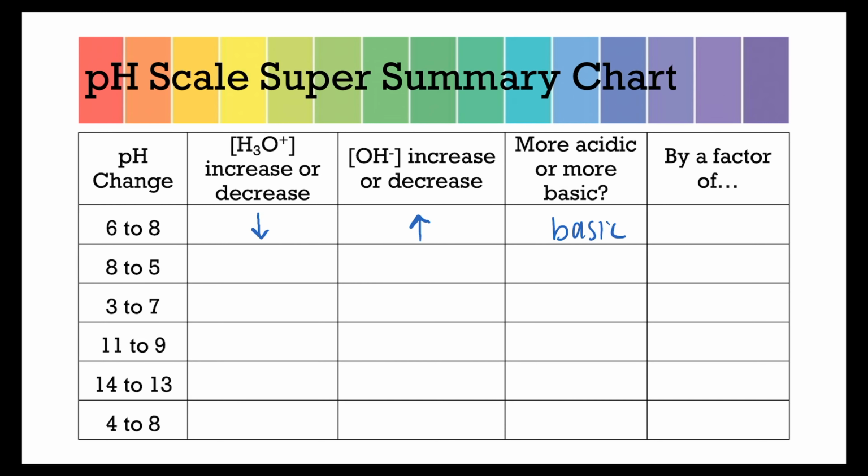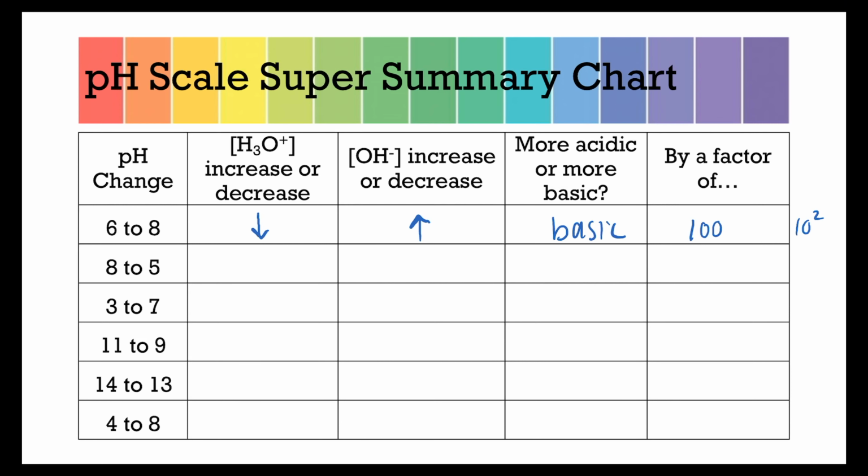Now, H3O plus and OH minus can never both go up or both go down. They have to do different things. Now that we figured this out, we're more basic by a factor of 100. That's the same as 10 to the 2, because you're changing your pH by 2 numbers.